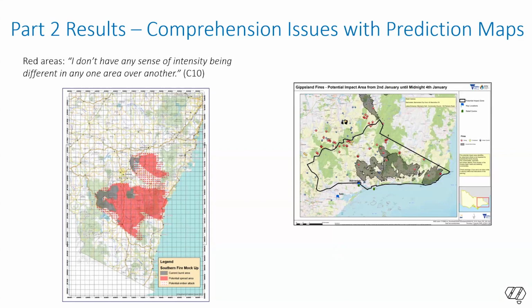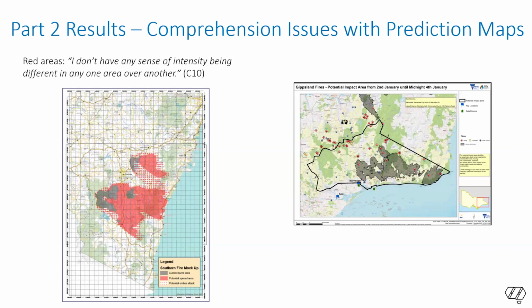The red areas are the potential spread areas. Let's focus on the New South Wales map first on the left, and let's focus on the red areas first. I have a quote here on the screen from a participant from New South Wales ACT saying, "I don't have any sense of intensity being different in one area over another," referring to the red areas.